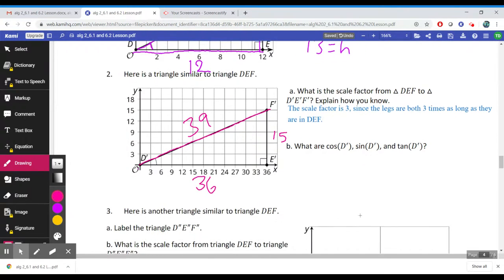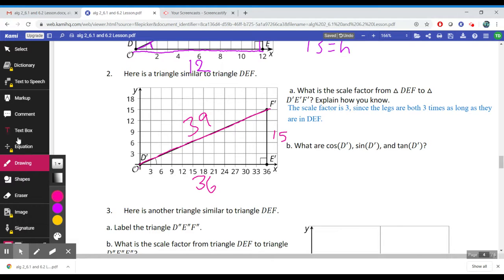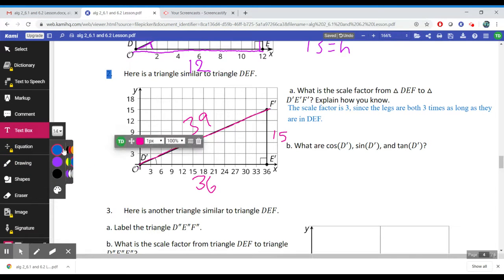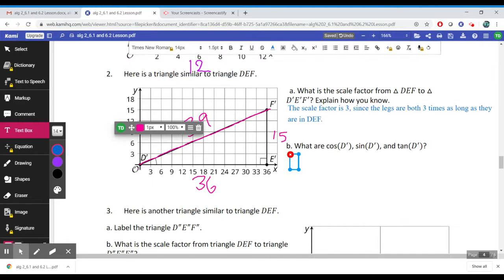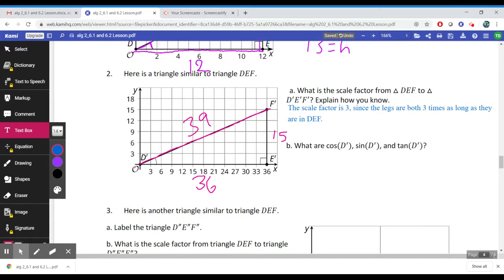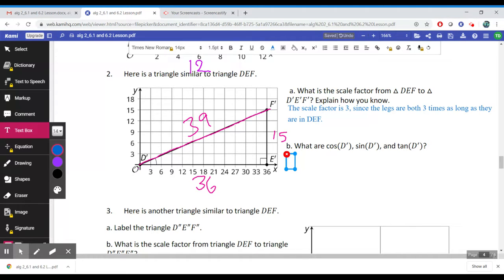So what are cosine of d primed, sine of d primed, and tangent of d primed? Well, let's just go ahead and use our trigonometric formulas to find that. We know that the cosine is the adjacent side divided by the hypotenuse. Our adjacent side here is 36 divided by 39.